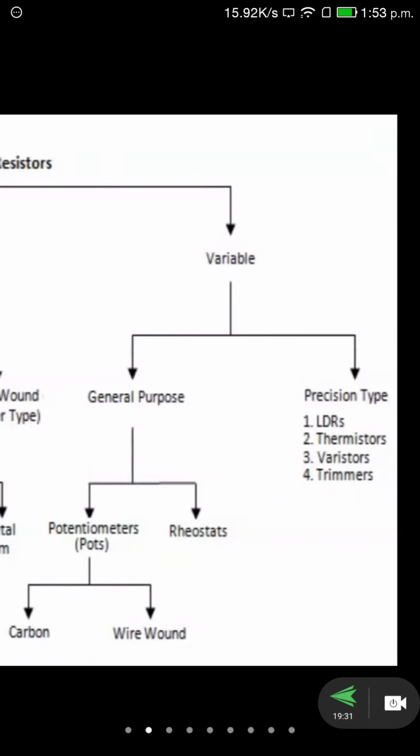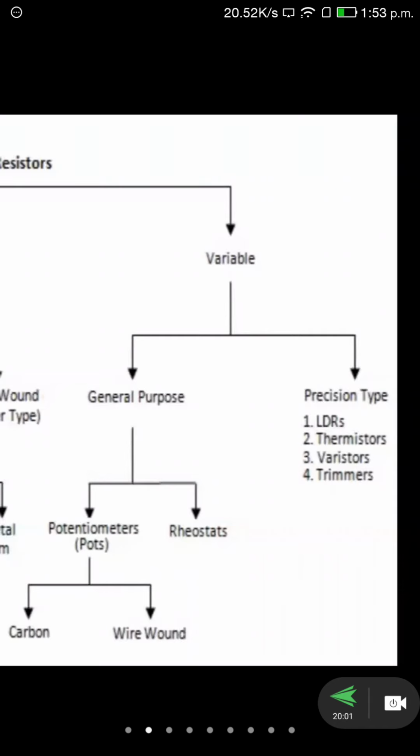Carbon composition or film resistors have a very small cross-section area and size; they are compact and lightweight. But variable resistors, the potentiometers as well as rheostats, have a large cross-section area, so the weight and size are much greater than fixed resistors like carbon composition or carbon film resistors.